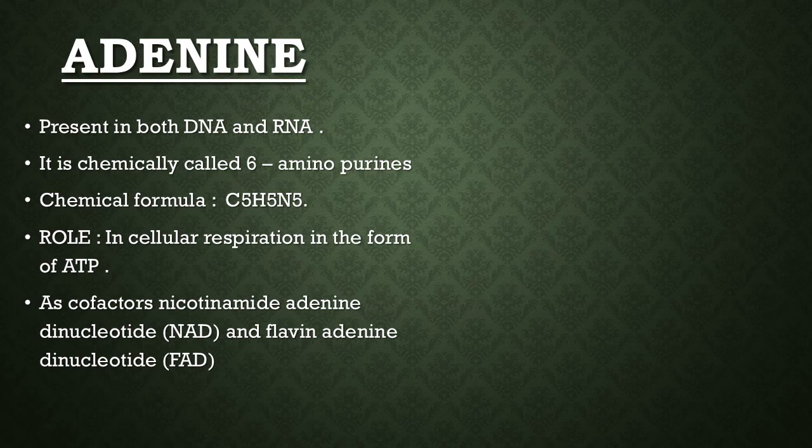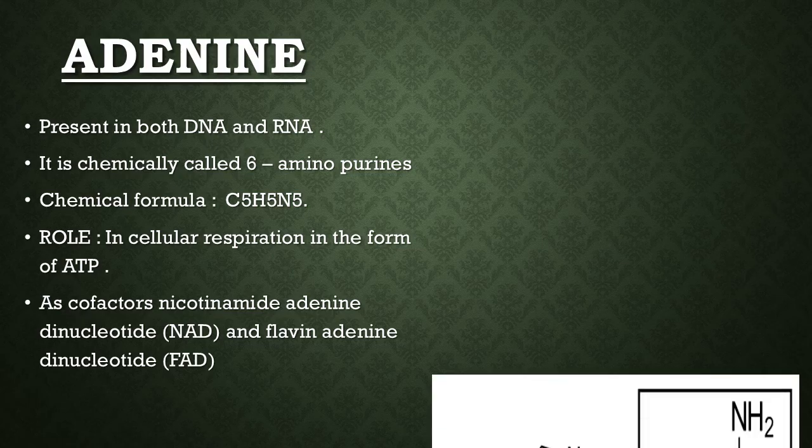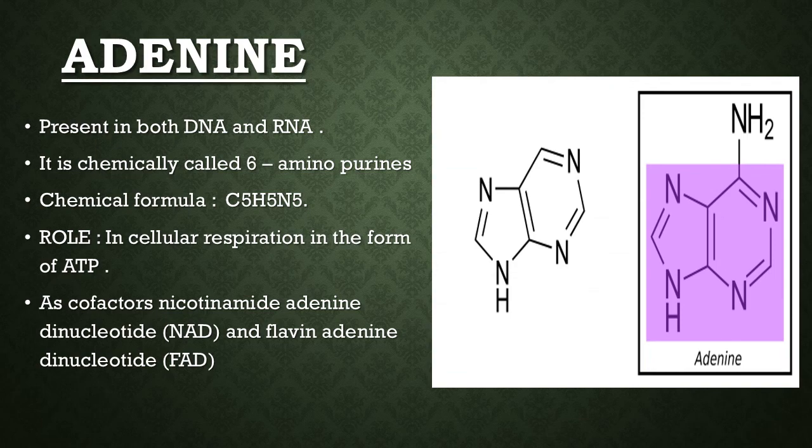Now let's have a look at adenine. Adenine is present in both DNA and RNA. Adenine is chemically called 6-amino-purine. Adenine has the chemical formula C5H5N5. As you can see in the picture, the very important structure of adenine, including 4 nitrogens in first, third, seventh and ninth positions and a 9-membered double ring.